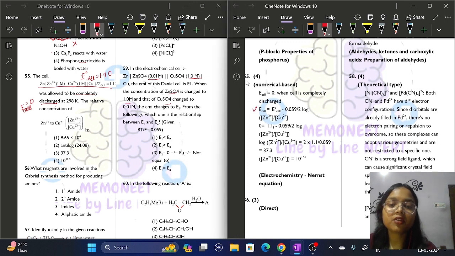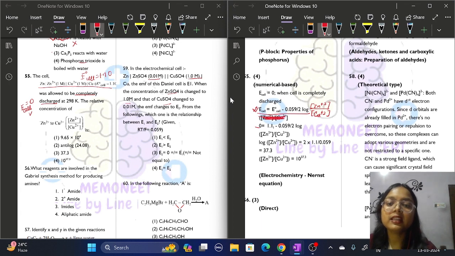Now using the formula, E cell equals E naught cell minus 0.0592 by n log of Zn plus 2 concentration by Cu plus 2 concentration. So this is the formula. It is given in the question that E cell is equal to 0.